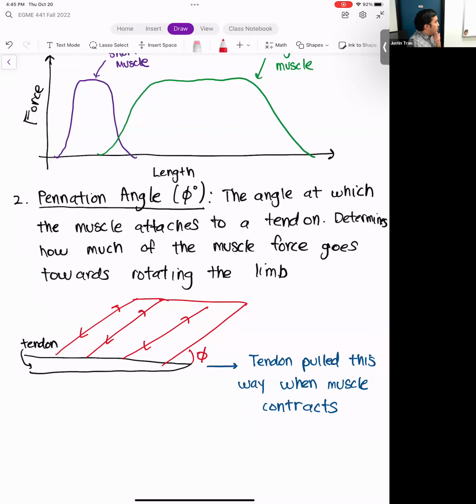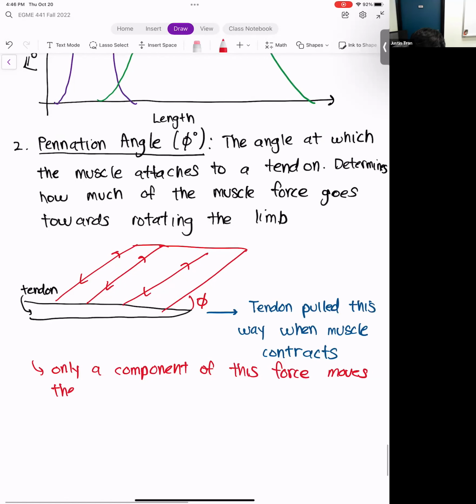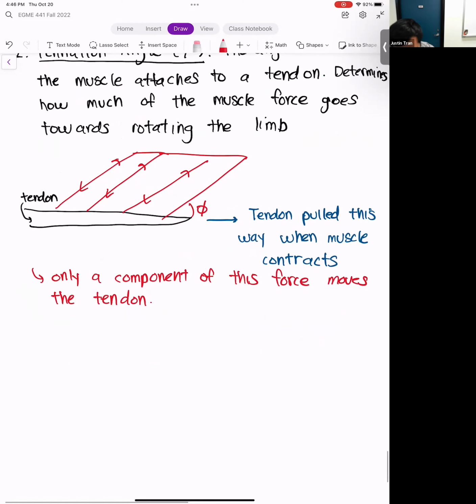And so when the muscle contracts along the fibers, only a certain component of that force is actually going to be used to move the tendon. For this particular case, because the line of action is going left and right, the only component of the force that's going to do that is the horizontal component.